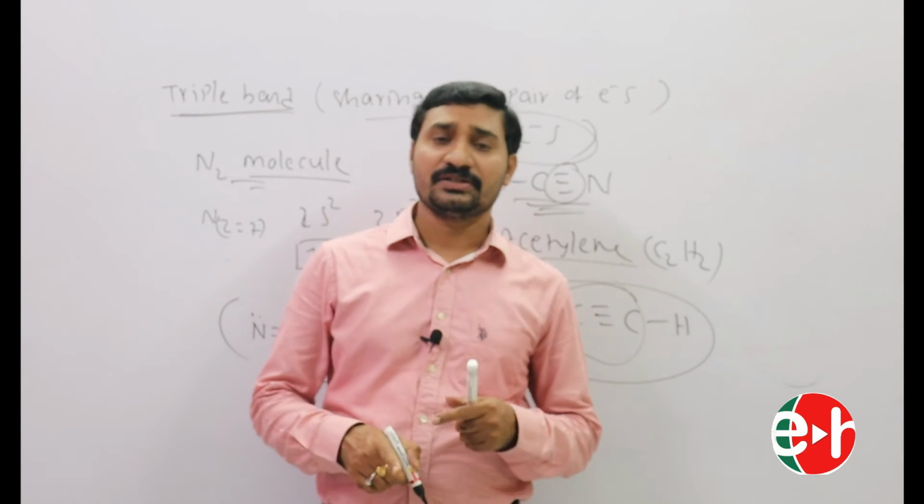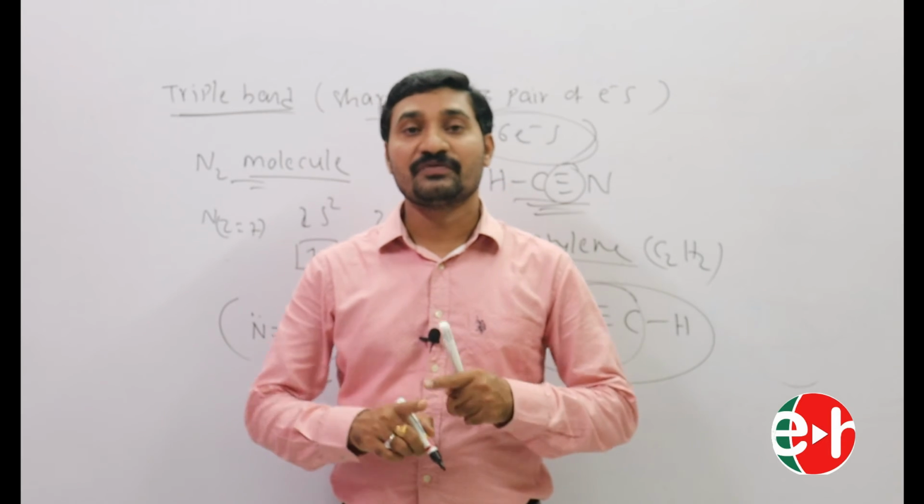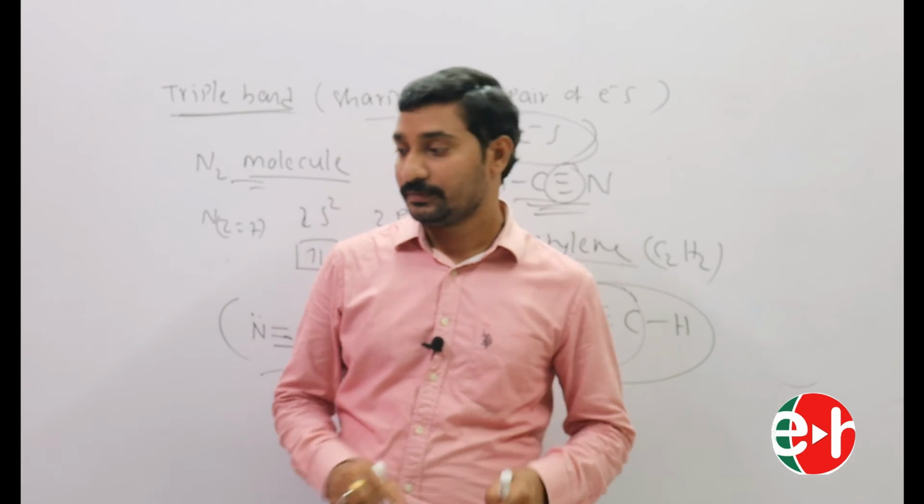Let us discuss types of covalent bonds. Generally there are two types of covalent bonds: one is polar covalent bond, another is non-polar covalent bond.